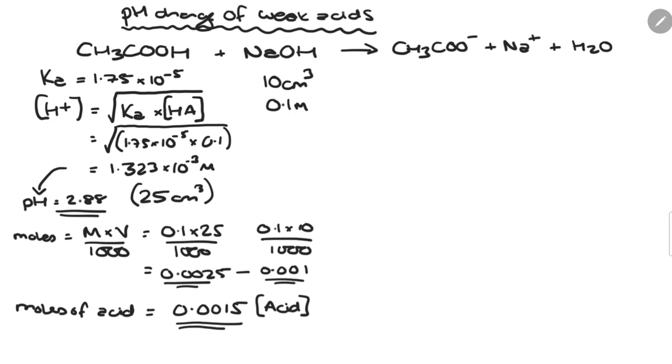And in this situation, if it was a strong acid, we would then simply insert that into the pH equals minus log base 10 equation and generate ourselves a pH.